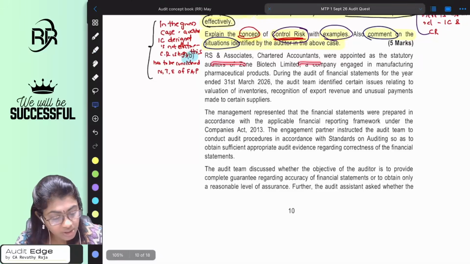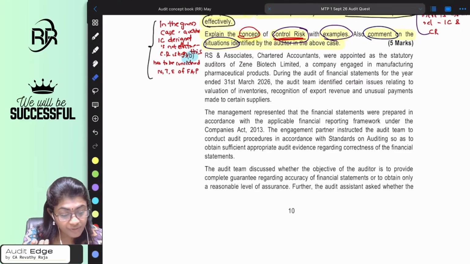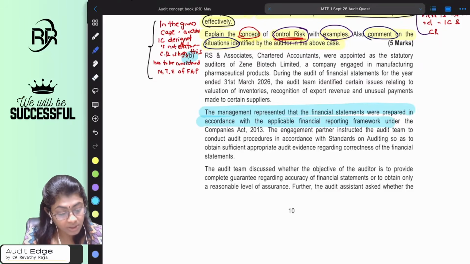RS Associates, chartered accountants, were appointed as the statutory auditors. They were engaged in manufacturing pharmaceutical products. During the audit of FS, the team identified certain issues in valuation of inventory, export revenue, unusual payments. The management represented that financials are prepared as per AFRF. The partner instructed the team to conduct the procedures in accordance with SAs and obtain sufficient and appropriate evidence.